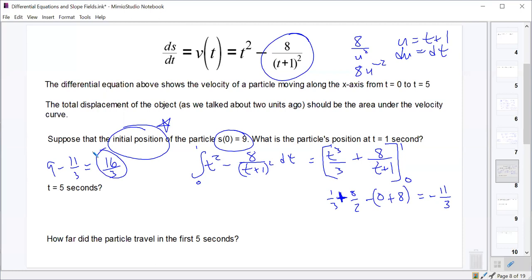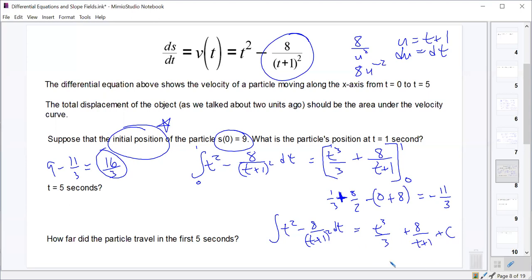The other way is we could have integrated this and said, instead of doing it as a definite integral, the integral of t squared minus 8 over (t plus 1) squared dt is equal to t cubed over 3 plus 8 over (t plus 1) plus some constant.